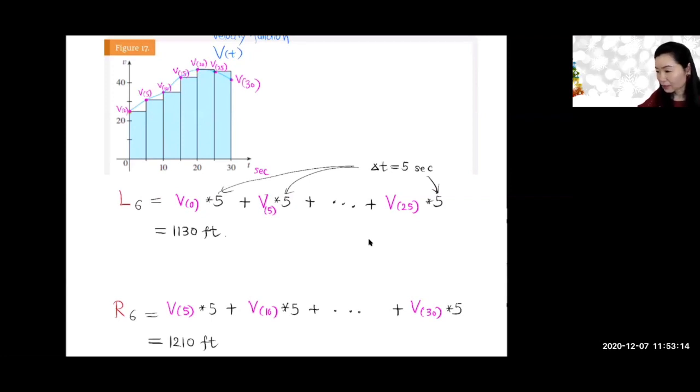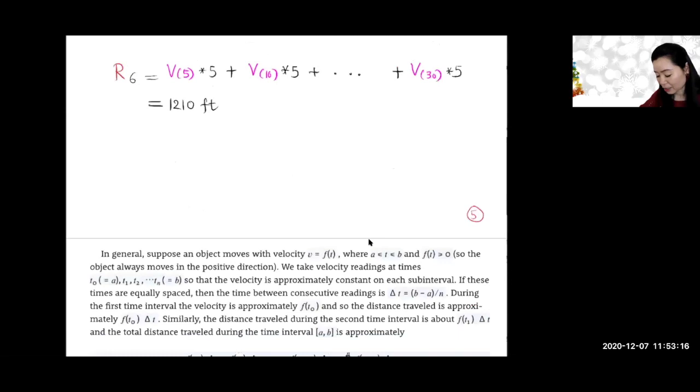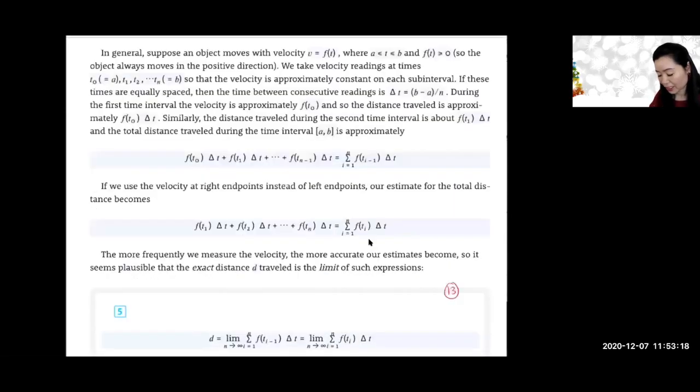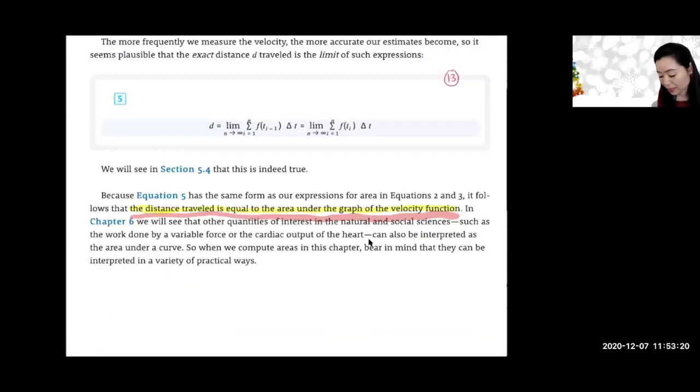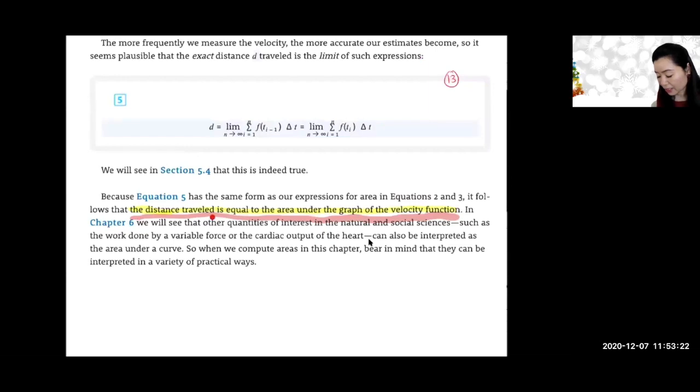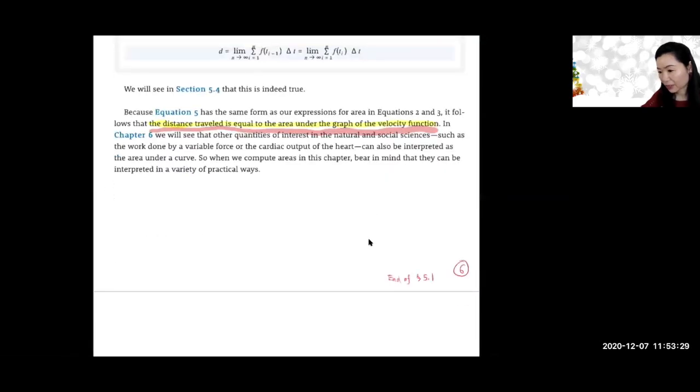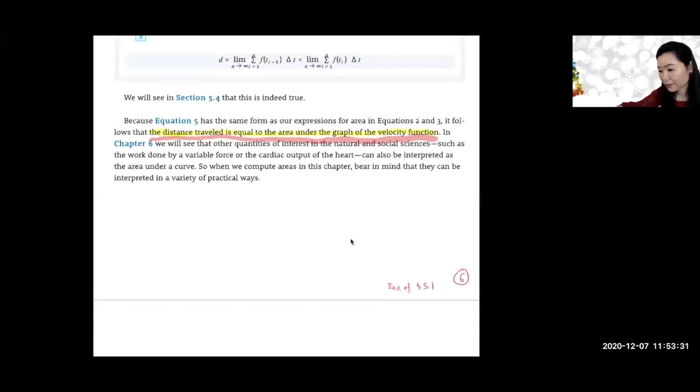So the main point that they want to show you is this sentence here: the distance traveled is equal to the area under the graph of the velocity function. Okay, so what does it mean? Over here, say this is for the time.